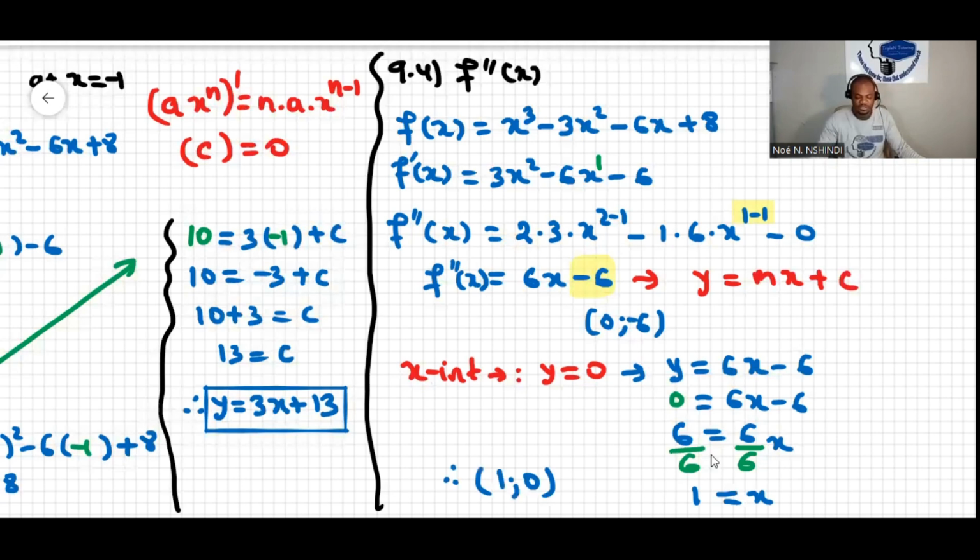Now we have 2 points, the x-intercept and the y-intercept.